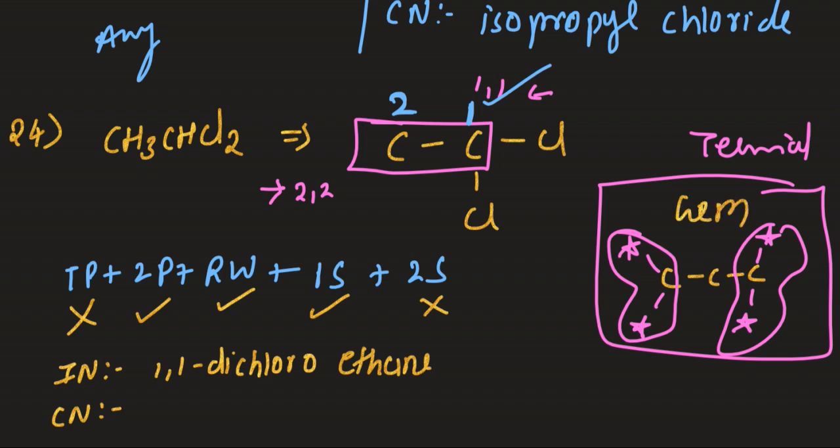Gem, gem. Geminal indicates two same groups must be present in the terminals only. Since 2 chlorines are present on the terminal, that is the corner carbon, we can call it gem. So the common name is gem dichloride.